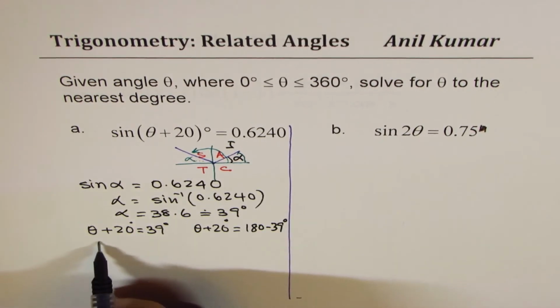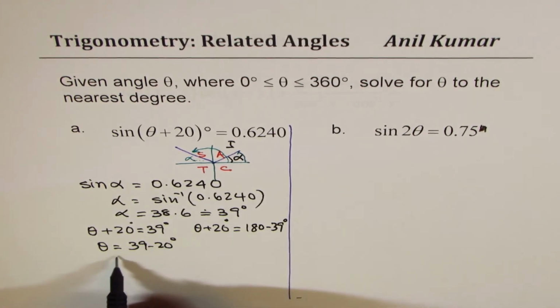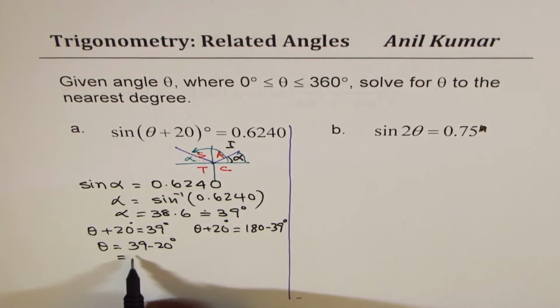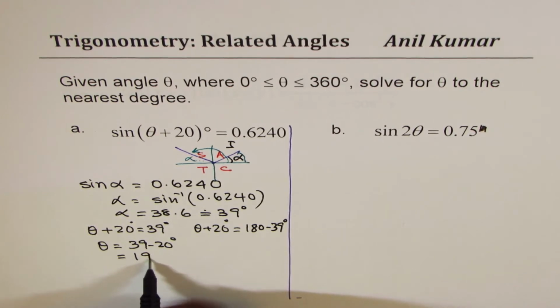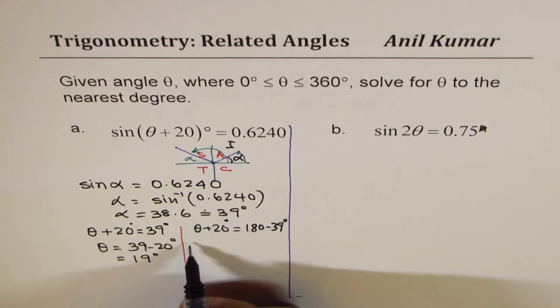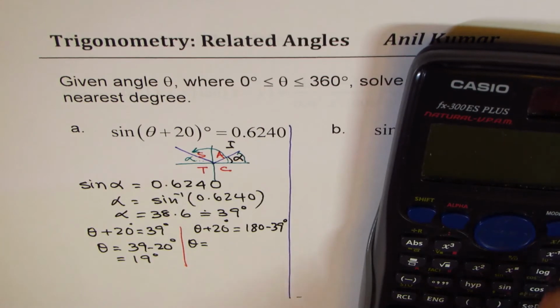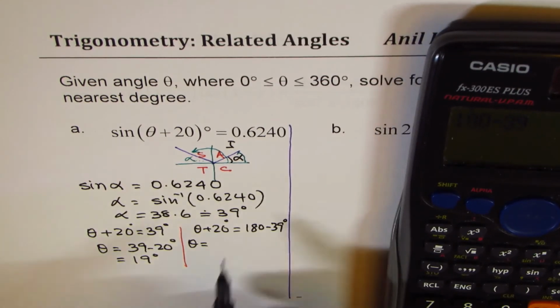Now here we get theta as equal to 39 minus 20 degrees, which is 19 degrees. Perfect. And on the other side, we get the value of theta as equal to, let us calculate, 180 minus 39 is equal to 141.